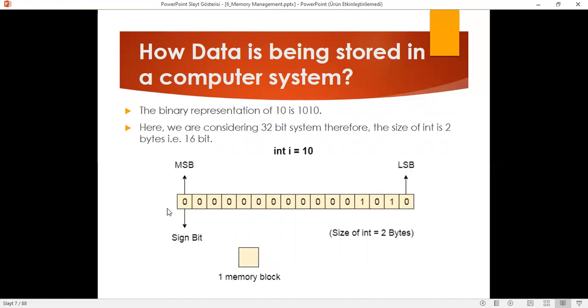And of course, in integers, to store positive and negative integers, we can use a sign bit. If we put 1 here, it means it is a negative integer. If we put 0, it is a positive integer.